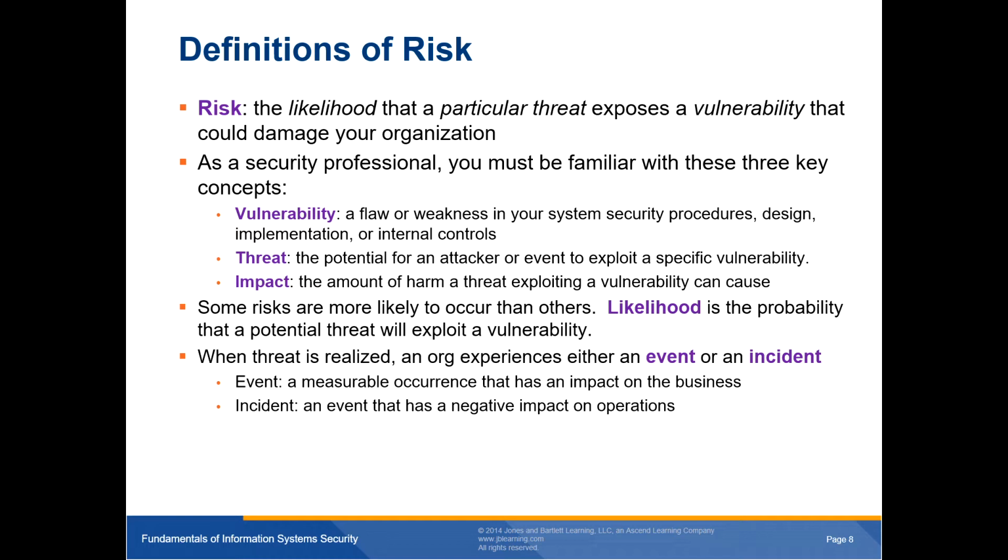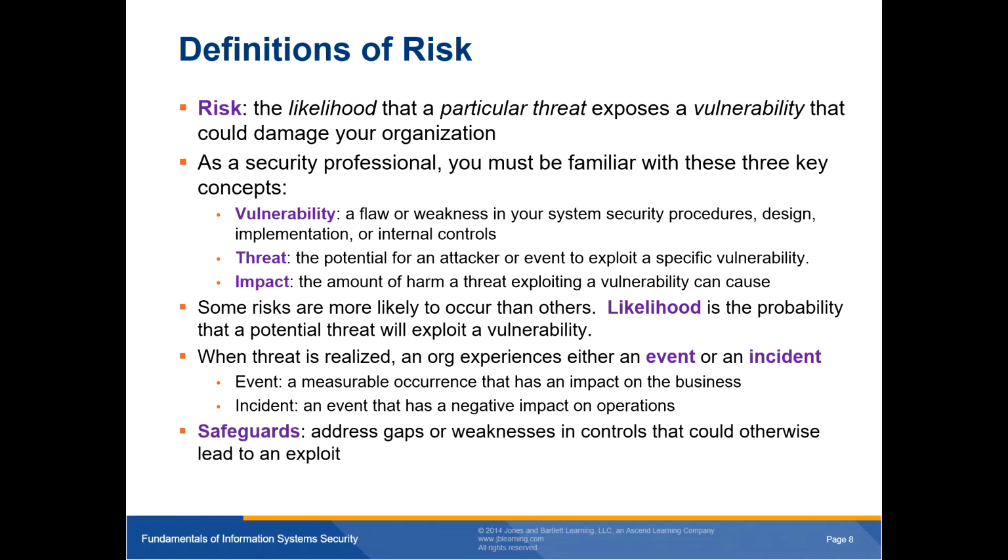For example, warehouse theft is an incident, and the countermeasure for that might be closed circuit TV, gates on doors, alarm systems, and so forth. Attack dogs, you name it. Safeguards address gaps or weaknesses in controls that could otherwise lead to an exploit.